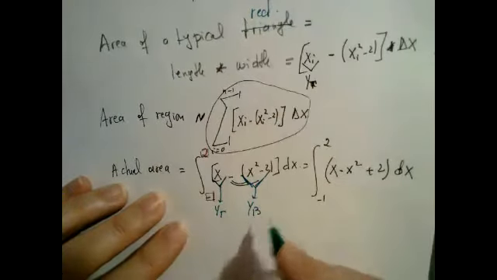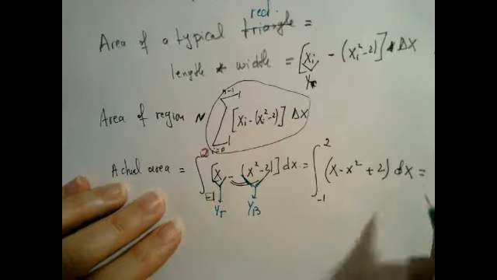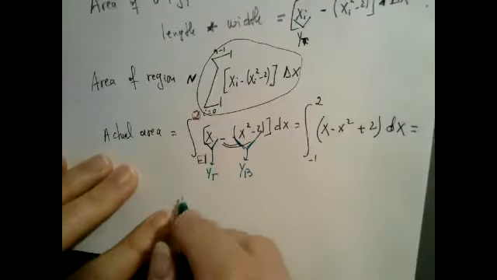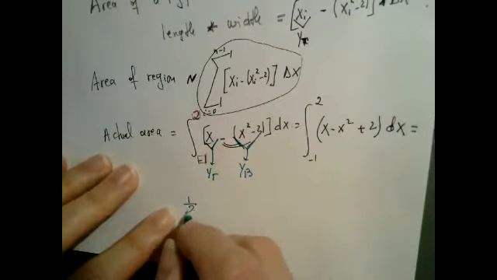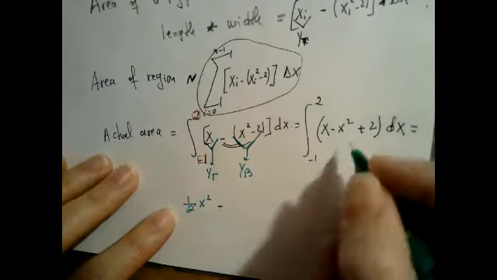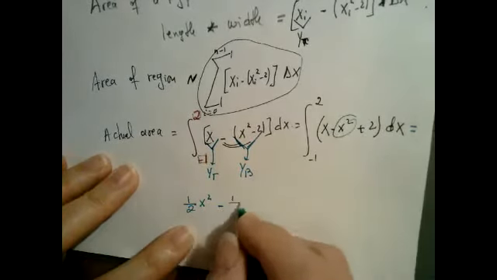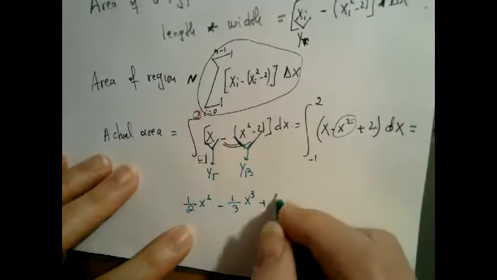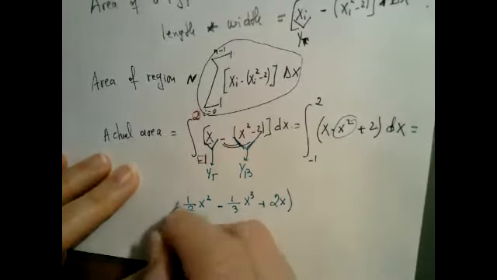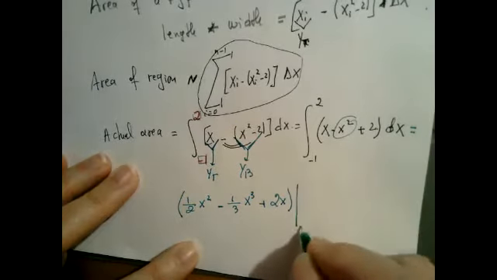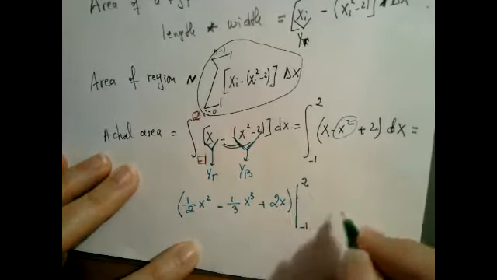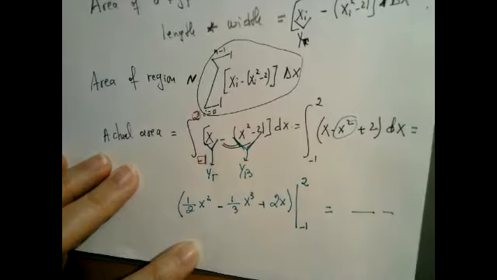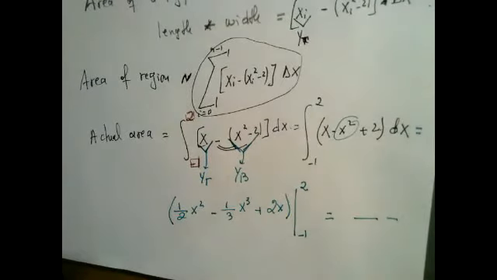And that's the bottom curve. So finally, this is equal to the antiderivative of x, which is a half x squared, minus the antiderivative of x squared, 1/3 x cubed. The antiderivative of 2 is 2x. The whole thing evaluated between -1 and 2. And the rest, I leave it up to you.